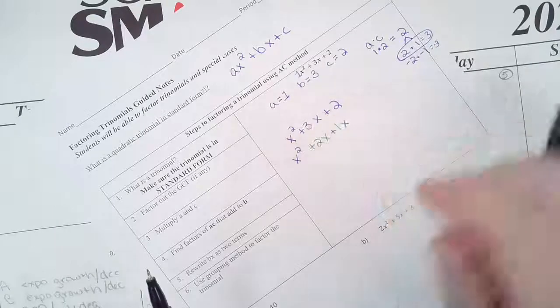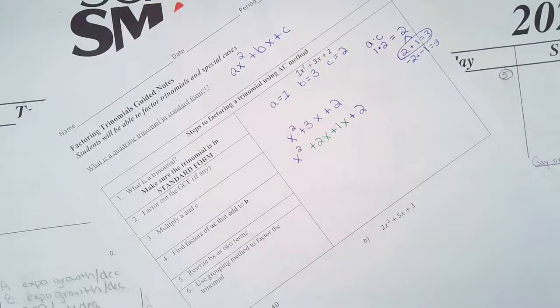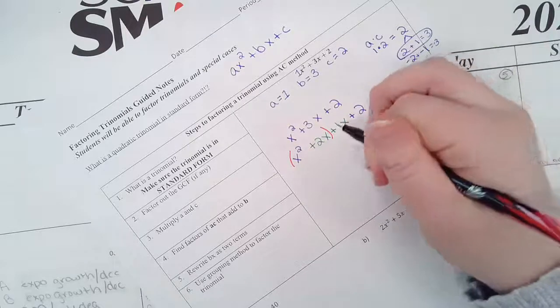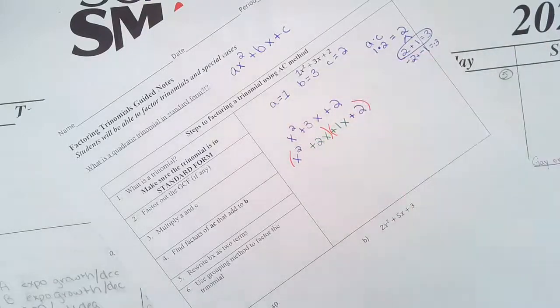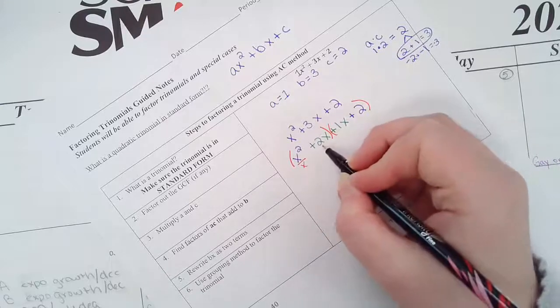Now, you notice I have 4 terms. And from our last class, I learned how to factor with 4 terms called the grouping method. So I'm going to put my first 2 terms in parentheses, my last 2 terms in parentheses, and I'm just going to group now. I can take an x out of both of these, so an x comes out, leaving x plus 2.